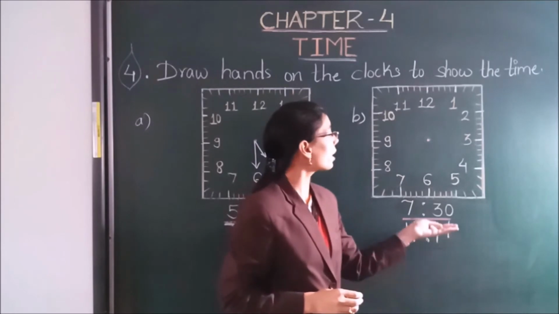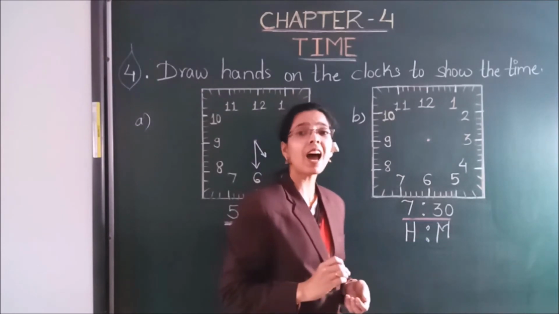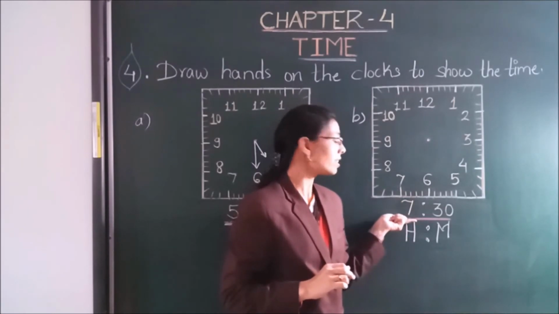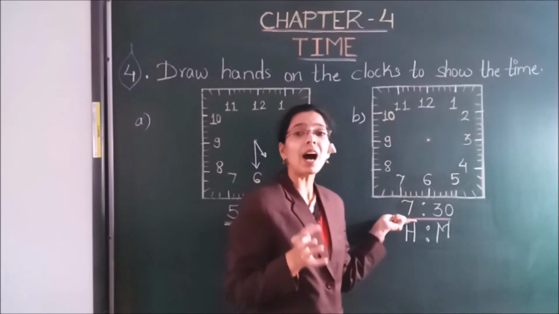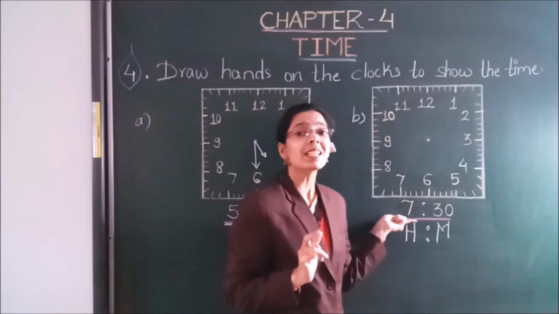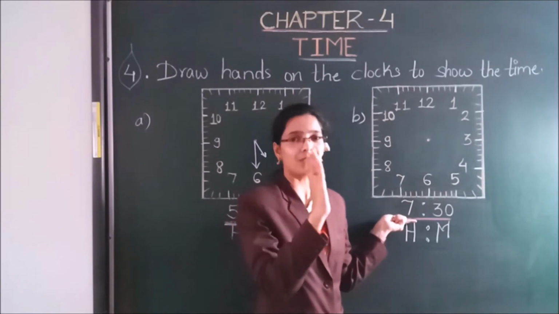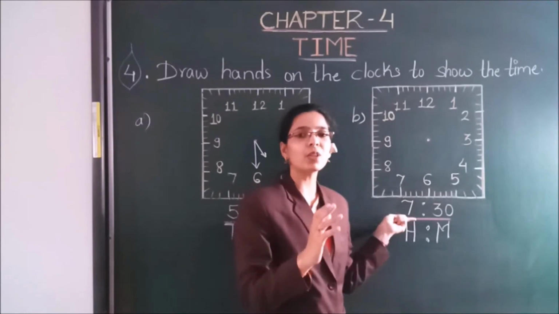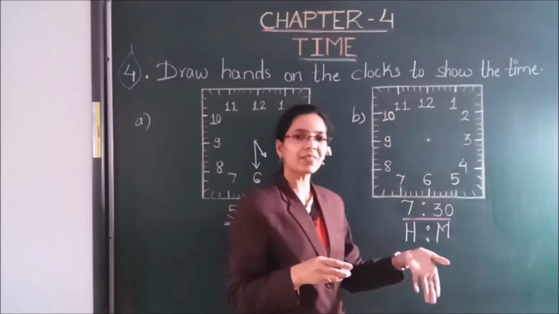Okay, so where do we have to draw our hand? This timing is 7:30, so our hour hand has crossed 7. Why? Because after 7 o'clock, 7:30 will be there. After 7 o'clock, then 7:15, then 7:30.